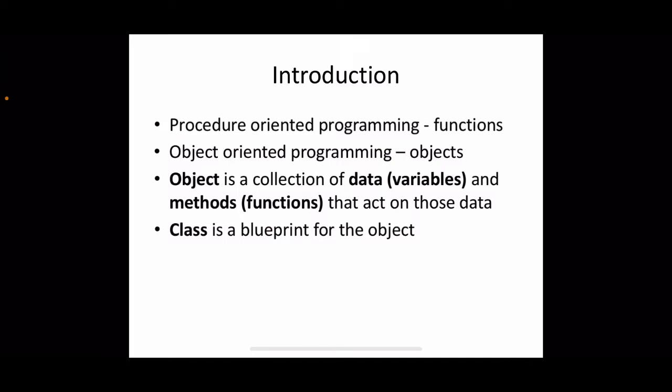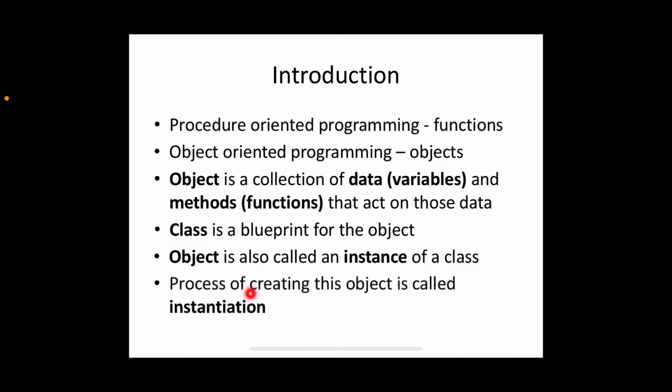All these are objects, and if we group all these persons together by the common attributes, we can call it an envelope for all these objects, so that we can call it the class. So class is a blueprint for the object. Person is a class in which particular persons are objects. So an object we can call an instance of a class. And the process of creating an object from a class is called instantiation.